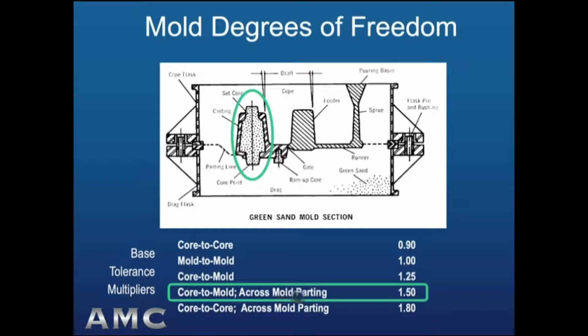accuracy capability is. So circled above, you can see in the mold, we have a core that stands tall, set in the drag and closed over in the cope. There's a lot of process variation and tooling degrees of freedom involved in all of that. And so now, whatever our best capability is dimensionally for a feature that involves that core and going across a parting plane, we have to coarsen our tolerance capability by 150%.